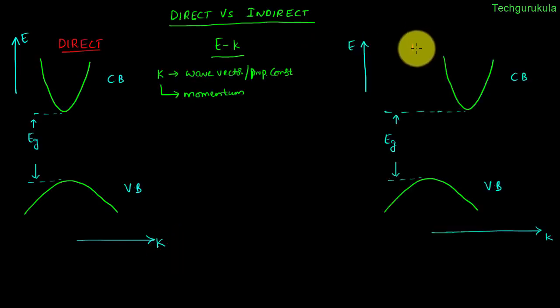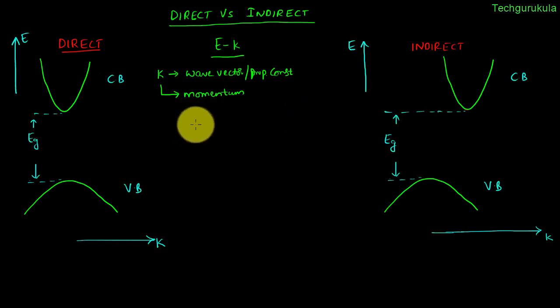This is how it looks for an indirect bandgap semiconductor. The EK diagram, where the lowest point of the conduction band to highest point of valence band is called the energy bandgap EG. And in x-axis we have taken wave vector, and in y-axis we have the electron energy.